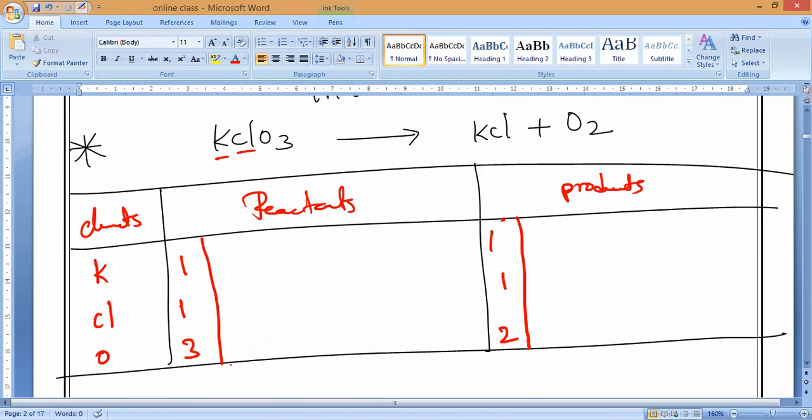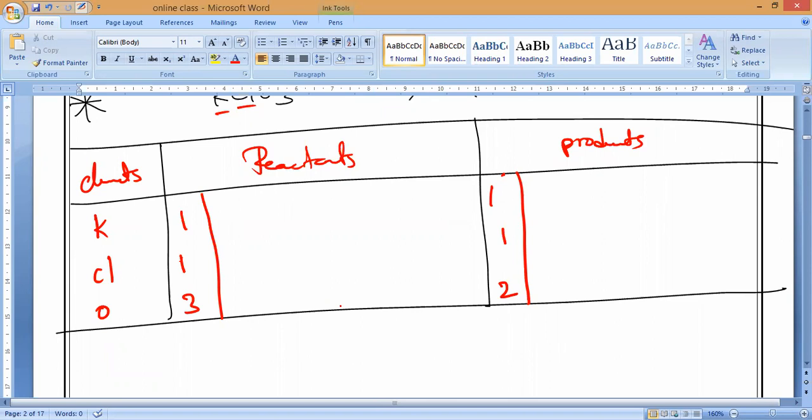Oxygen is 3 on this side and 2 on this side. In such a case, with numbers like 3 and 2, we are not supposed to multiply by big numbers like 7, 8, 9, or 10. So we can balance the equation by changing both sides.